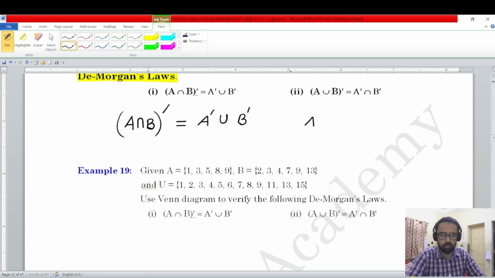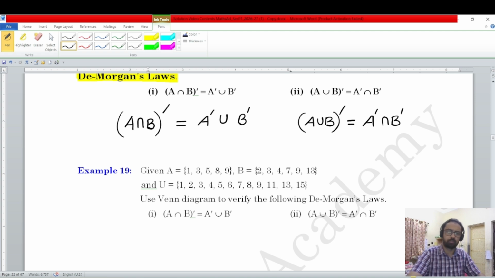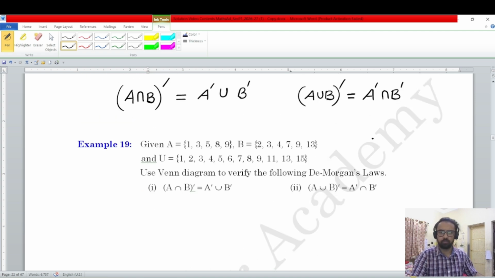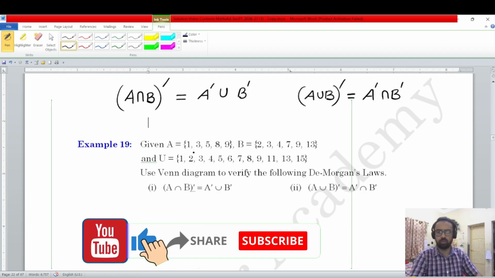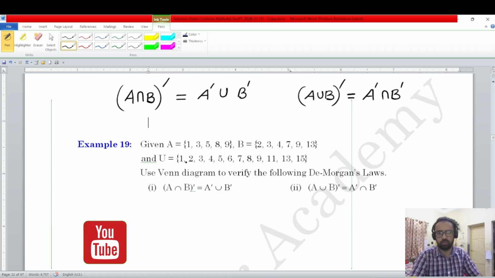If you have A union B, and if you apply complement, then it will be A complement intersection B complement. There is an example just to check whether it is correct or wrong. I will leave it to the readers, because we know how to find union, how to find intersection, how to find complement.